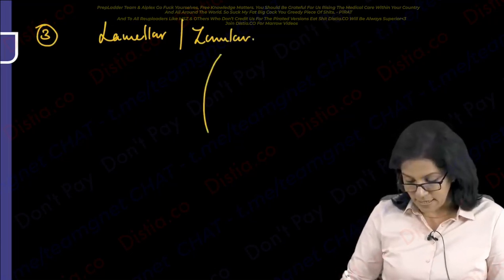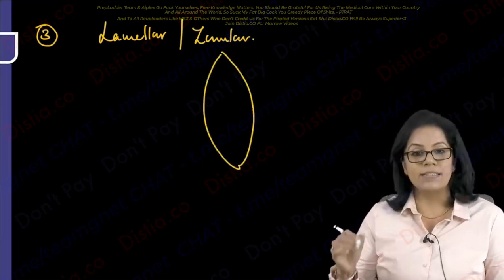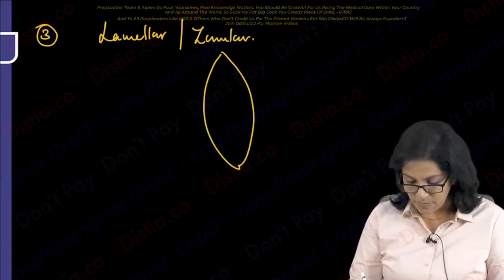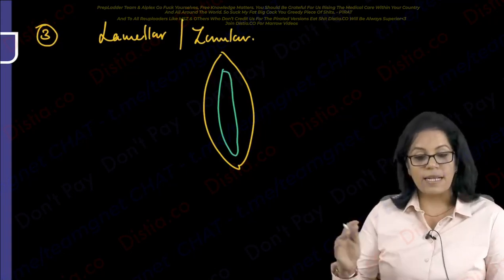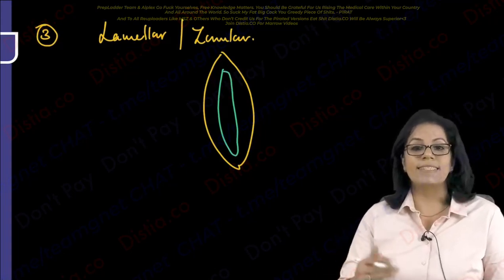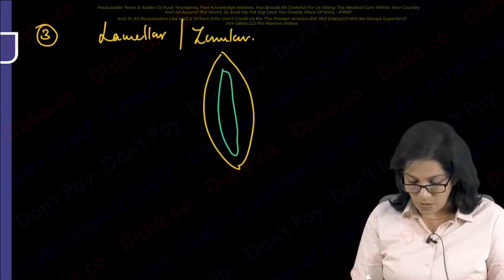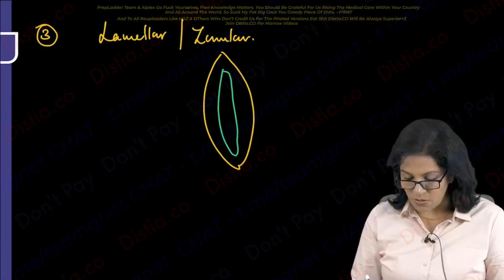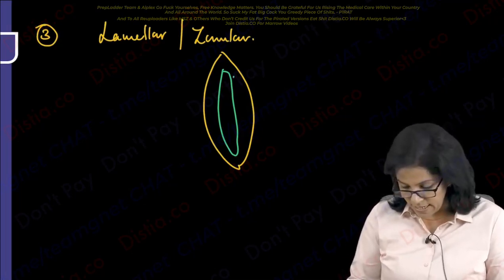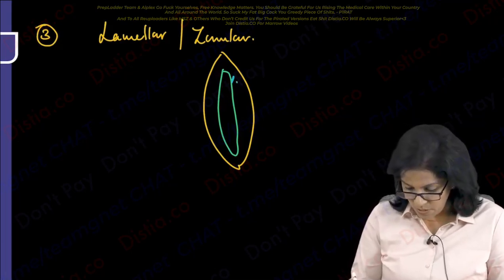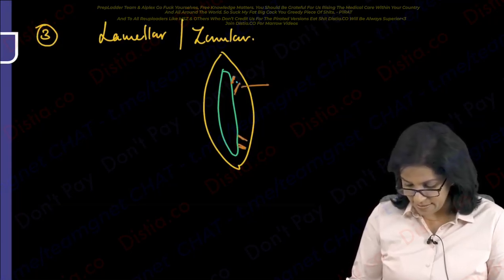So what happens here is that at one time, suppose there was some environmental insult, so one lamellae becomes cataractous. Suppose this one becomes cataractous, but adjacent areas, the black part, that is clear. This is what is called lamellar or zonular. Now it is said that over this lamellar cataract, there can be small spoke-like opacities, and these are what are called riders.